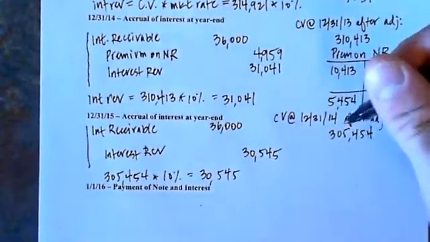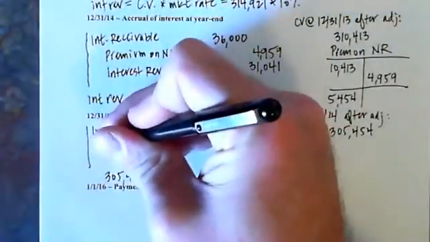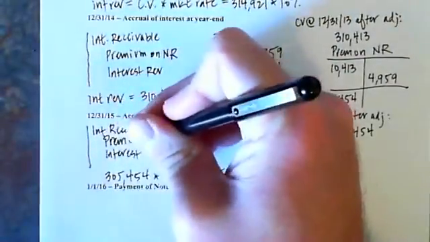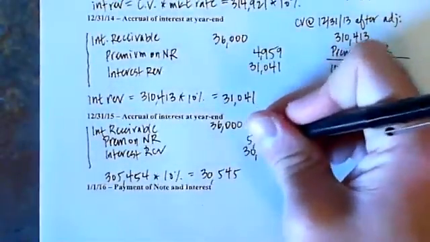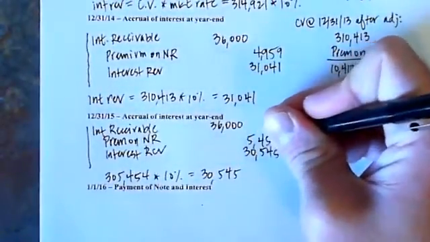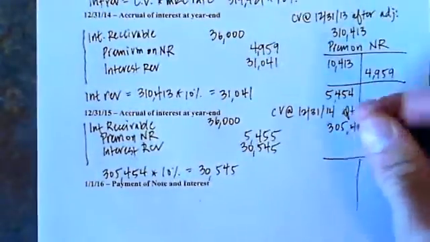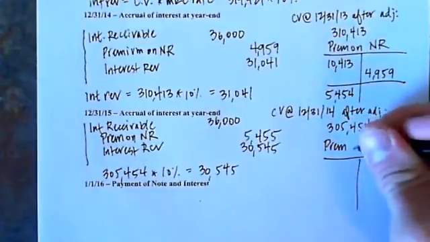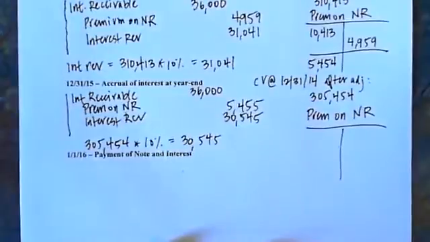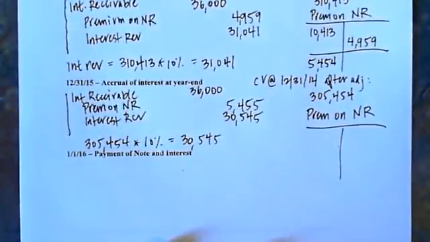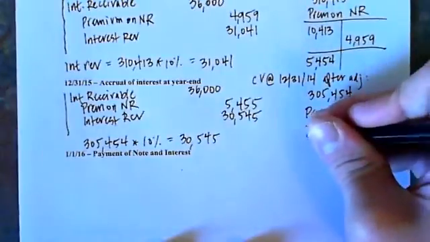And the difference between these two then hopefully will be roughly my premium if we've done everything correct. And it is 5,455, which is $1 off, but I'm not going to worry about that. It's $1 off because there's some issues with rounding when you deal with the present values, and it gets a little bit compounded. It won't ever be huge unless you're dealing with millions and millions of dollars.